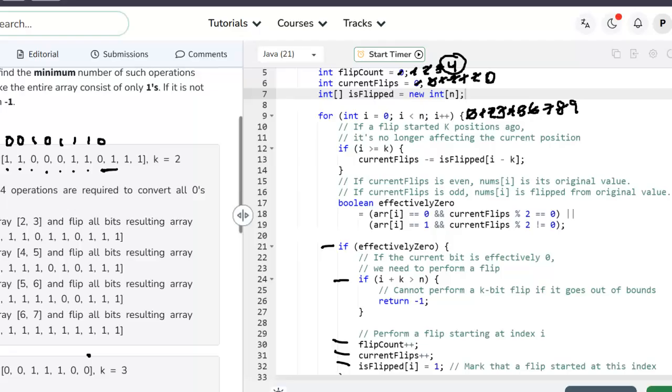Now the index of that, i, is 6. k in this example is 3. So 6 plus 3 is 9. The length of the array, n, is 7. So 9 is greater than 7. You can't flip that because you can only flip, in this example, in groups of 3. And there is nothing after this element to be flipped. So you're stuck. And you have to return a failure code.